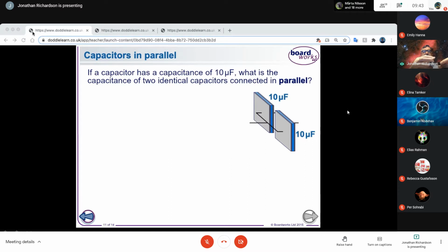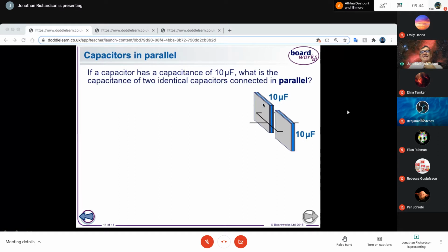If I take these two together and join them like so, they are joined in parallel. If I take them like that, so they're daisy chained together, they're joined in series. So we're looking now at two capacitors side by side that are joined together in parallel.